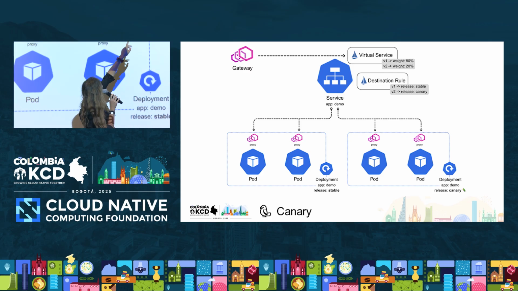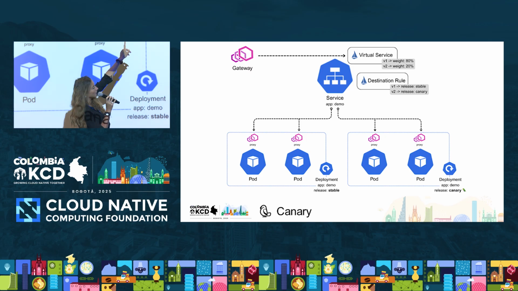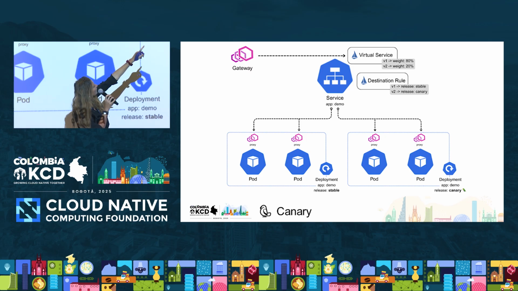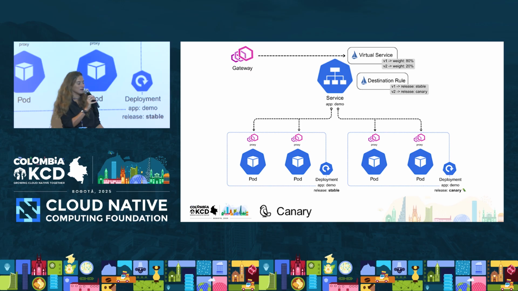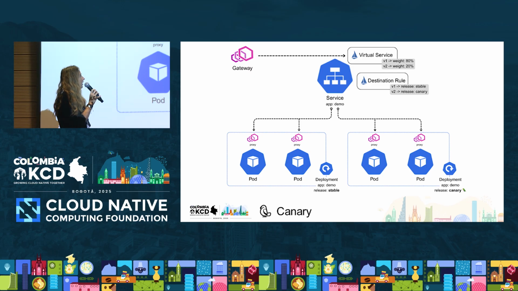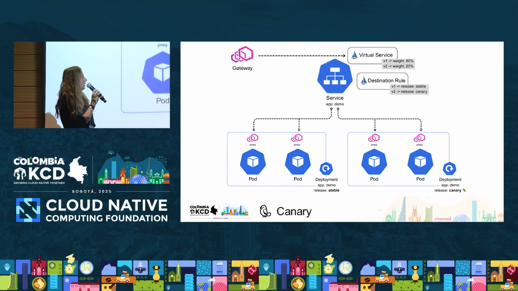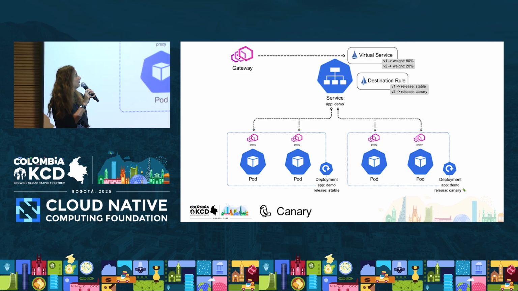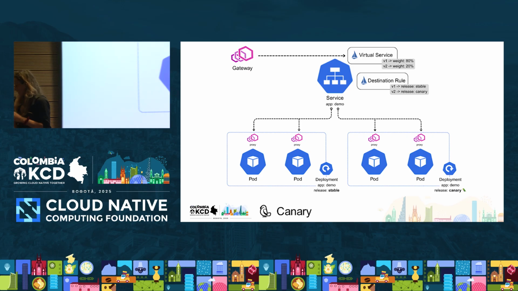And the service, we see that it only has 1 label. So the destination rule is adding the 2nd label. And it's not like in the blue-green deployment, where the service applies the labels, but the virtual service and destination rules are used.